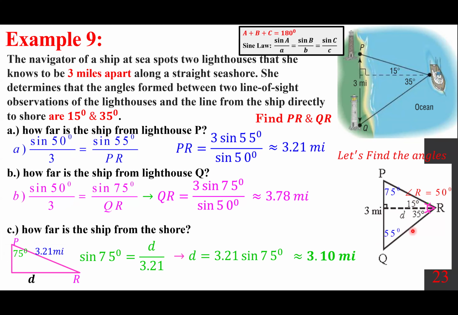So you have all the angles, you can find all the sides. How do you find all the sides? One side, PQ, is given. So PR is 3.21, QR is 3.78, and then you use either the top or the bottom, one of those right triangles, in this case, the top one, and you can find sine is the opposite over the hypotenuse, and therefore this distance can be found to be 3.109.